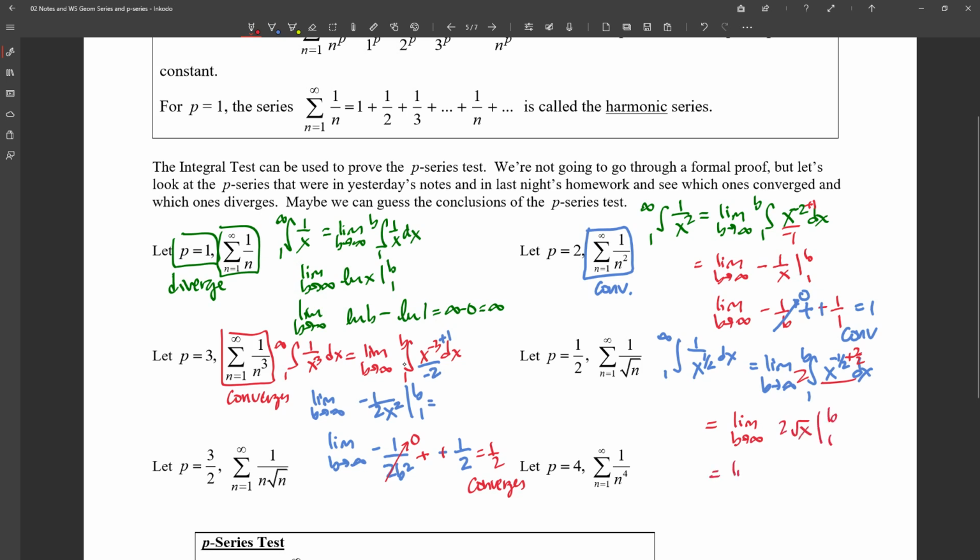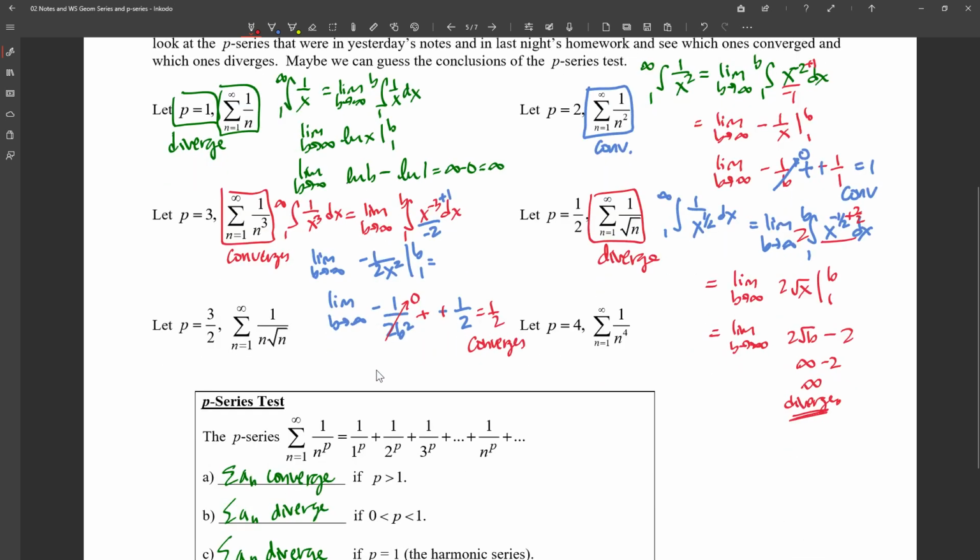First I plug in the b, then I plug in the 1, then I slap a minus sign in the middle. As b gets bigger and bigger and bigger, this will be infinity minus 2, which is infinity. And so what I get is this thing diverges. So if p is equal to 1/2, this series will diverge. And all of this is consistent with what I'm seeing down here.